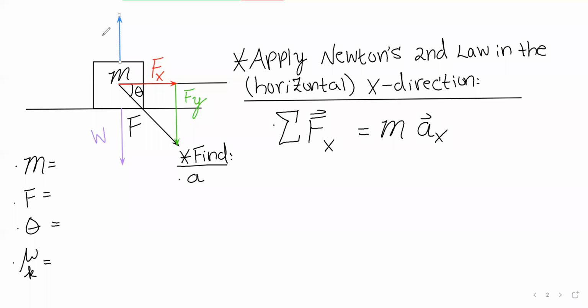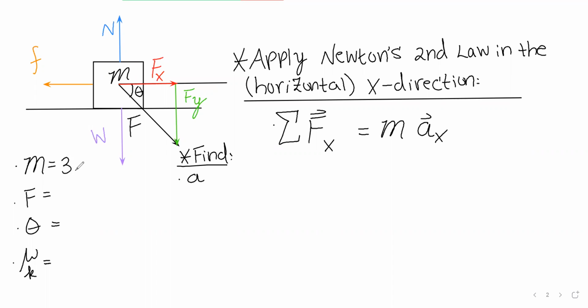So this is my normal force. Finally, since the block is being pushed to the right, again, since motion occurs right, friction resists or opposes the direction of motion. So this is friction.